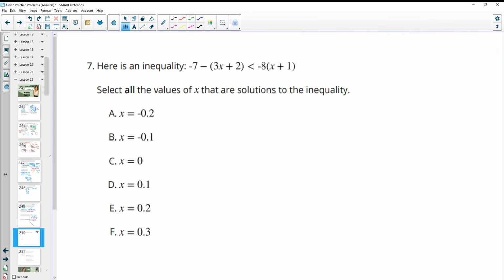All right, in number 7, they give us an inequality here, and then they ask us to select all values of x that are solutions. You can absolutely take these 6 values and plug them in, and then you want this left side to be less than the right side. So not equal to it, but when you plug into this side, it has to be smaller than the other side.